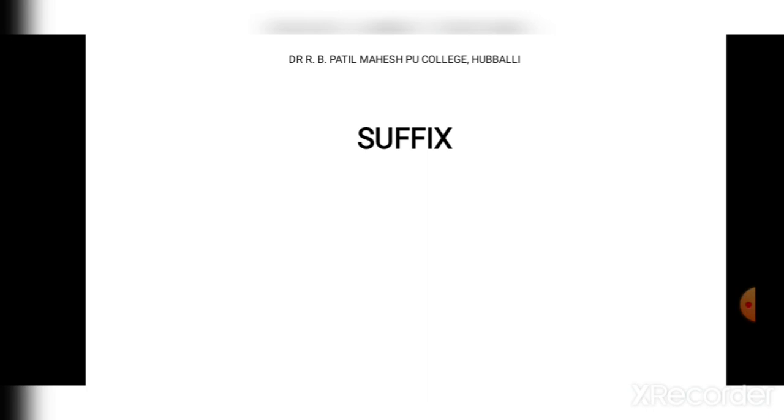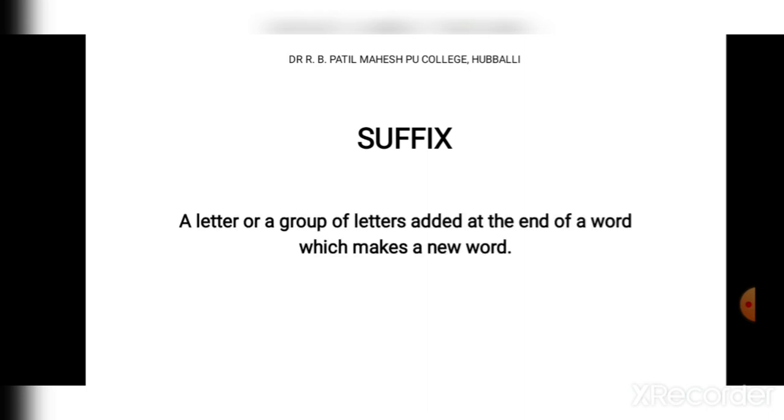Let us go to the next part of affix, that is suffix. Affixes, as I told you in the beginning, has two prominent components, that is prefix, and let us study now suffix. Suffix is a letter or a group of letters added at the end of a word which makes a new word.